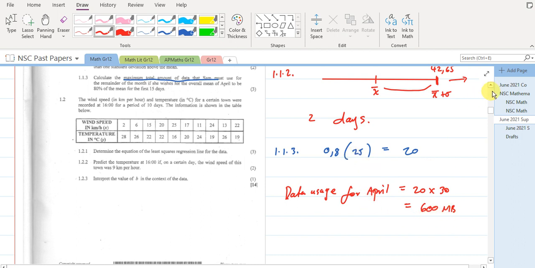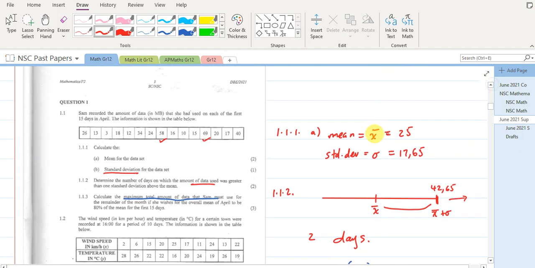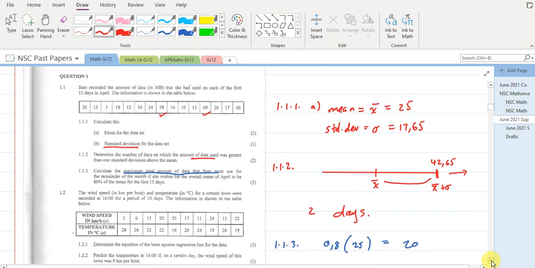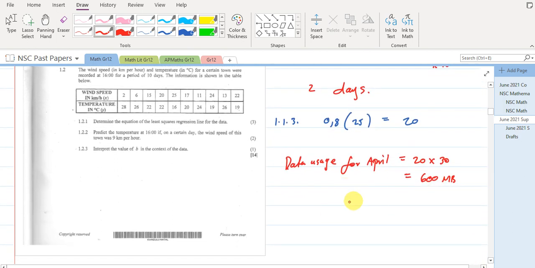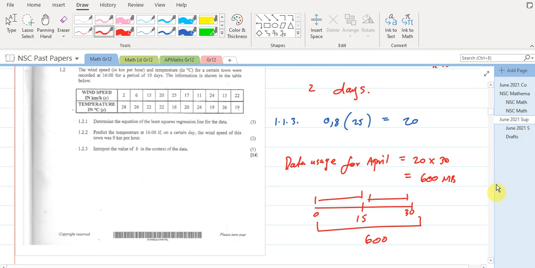Now remember, we had for the first 15 days, what's the sum? If you subtract the sum for the first 15 days, we have the remaining 15 days. So remember, for the first 15 days your usage is some amount of data, and for the last 15 days we got, so in total you've got 600, right? So 0 to 15 to 30. In total, you've got 600. Now, you can work out the first 15 days because we have the average.